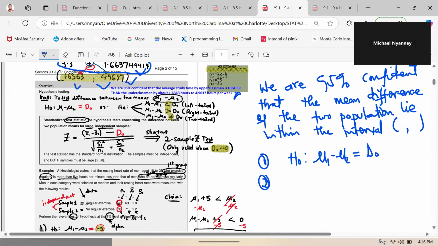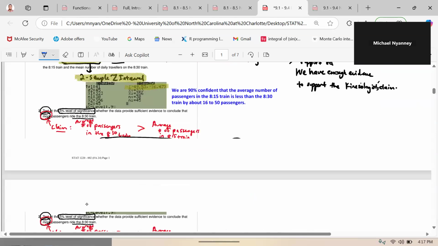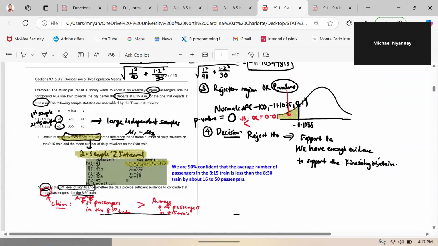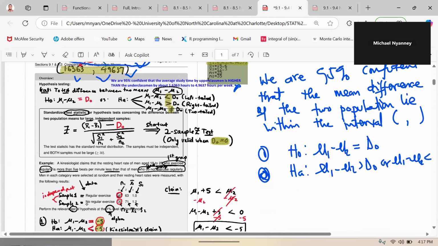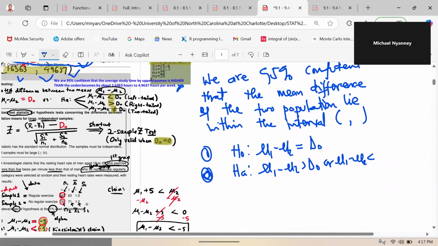And 2, HA, the alternate: mu1 minus mu2 is greater than d naught, or mu1 minus mu2 is less than d naught, or mu1 minus mu2 is not equal to d naught. All right. So this is what the alternate hypothesis says.